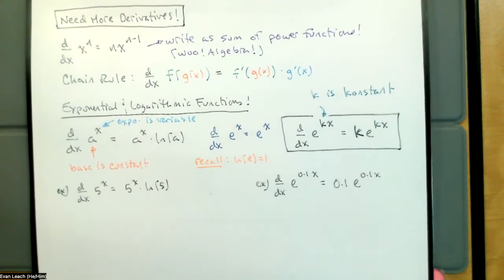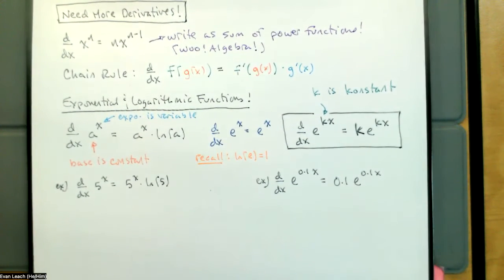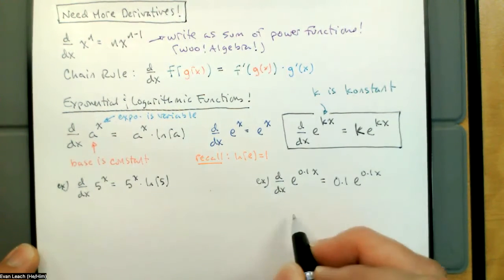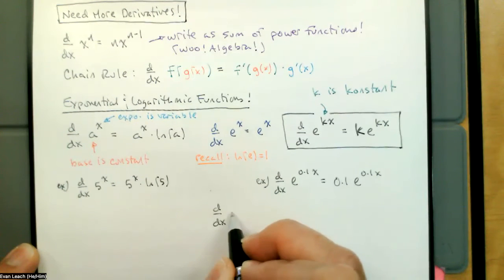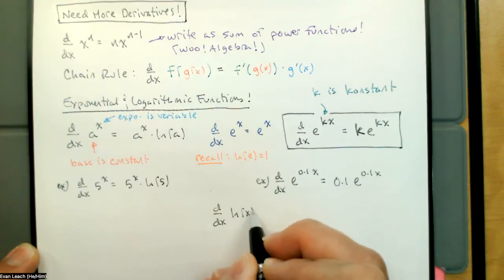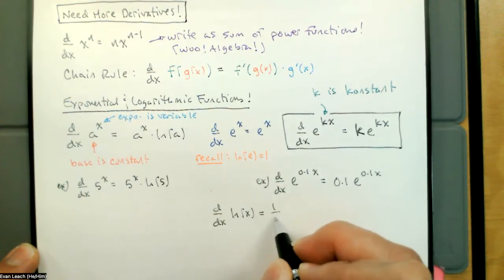Let's add to our list. The inverse of an exponential function is a logarithmic function. And just like with our exponential function, we're going to be most concerned with the natural log. So we're going to list that one next. The derivative of the natural log of x is 1 over x.